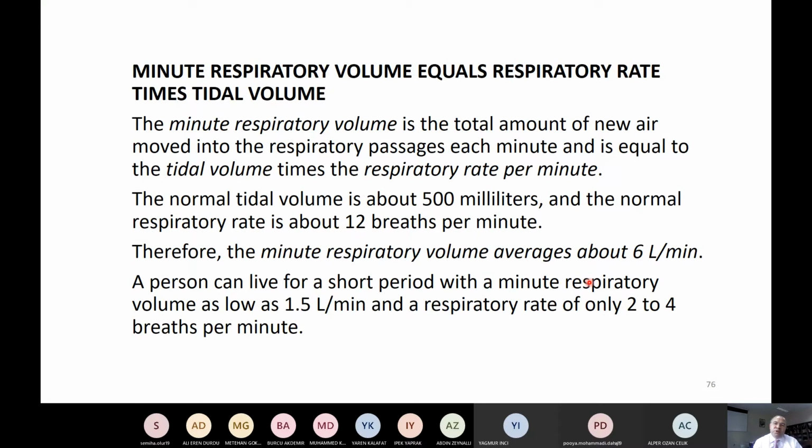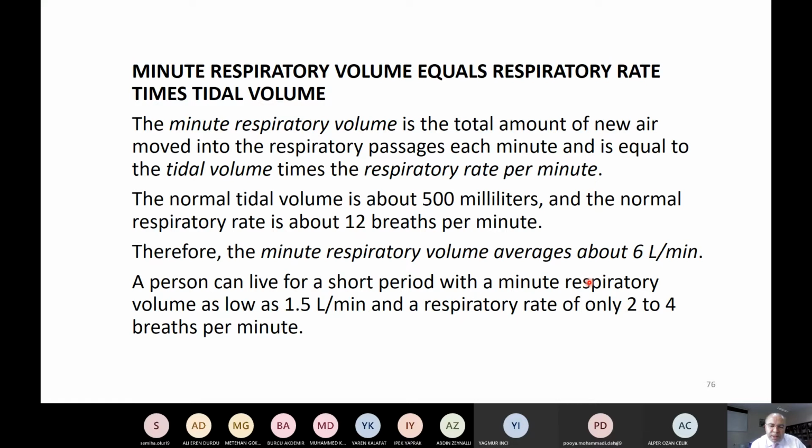Now the minute respiratory volume. Minute respiratory volume is how much air is taken in a minute. Okay, this is minute respiratory volume: the frequency of respiration times tidal volume, or how much air is taken by each inspiration. So normal adults breathe 12 times in a minute, and they take 500 milliliters of air each time.